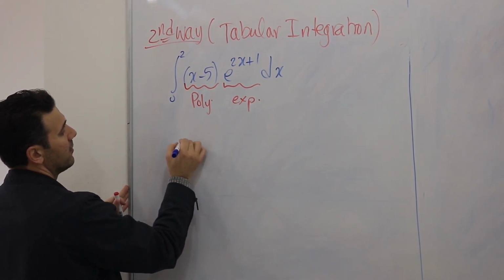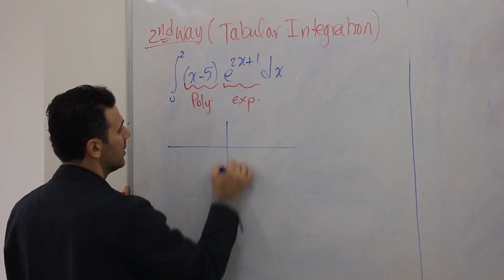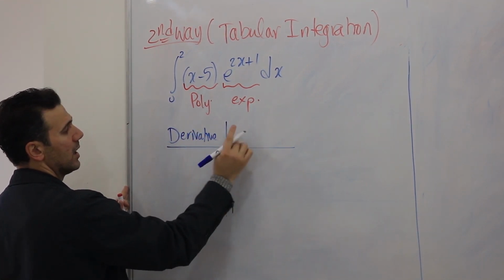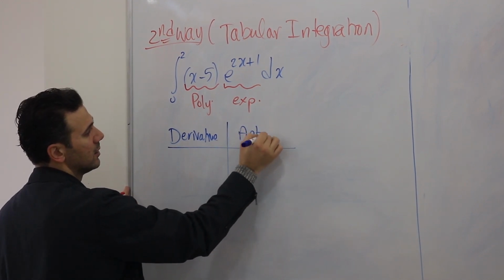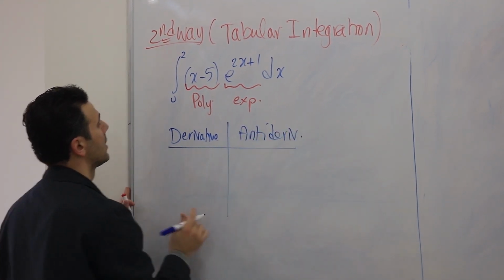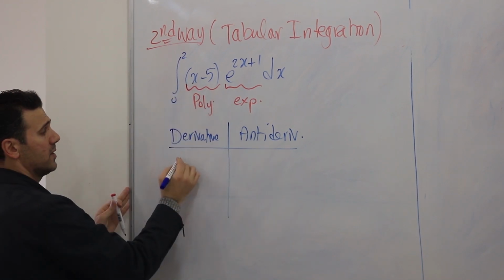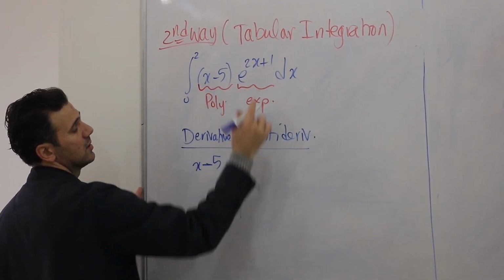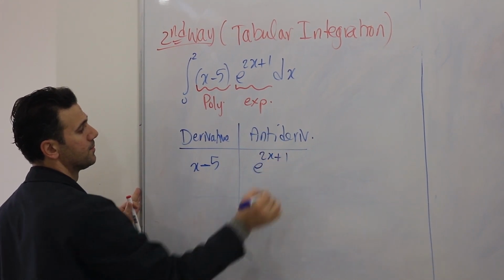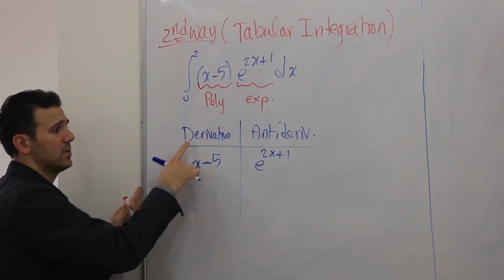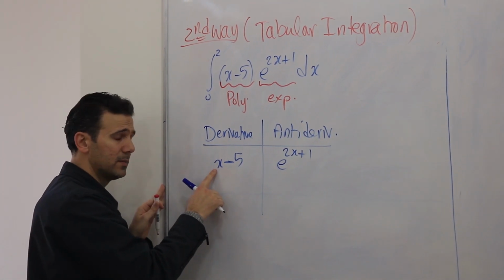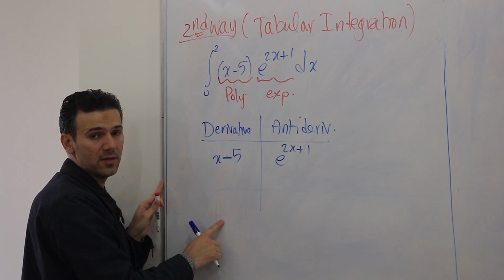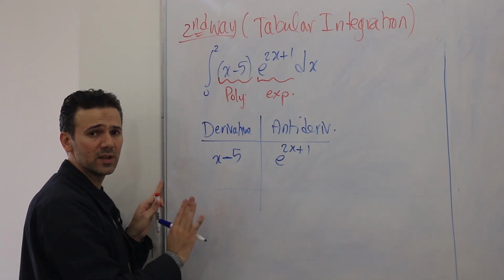From its name, we make a table, a small table. Here we make derivative, and there we make antiderivative. First of all, we write down the polynomial here and the exponential expression here. As you see from this title, we should make the derivative of this each time till we reach 0 at the end. When we get 0, we stop there.